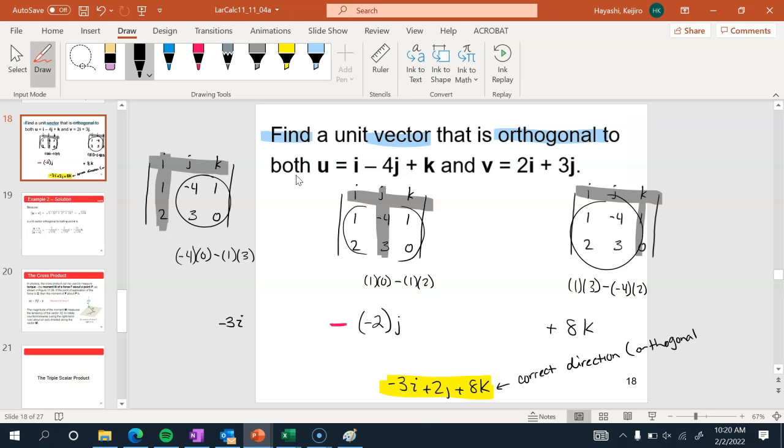Yeah, it should be 11k, right? Yes, it should. I was thinking 3 plus 8, and then I guess I just wrote the 8. Yeah. Damn.